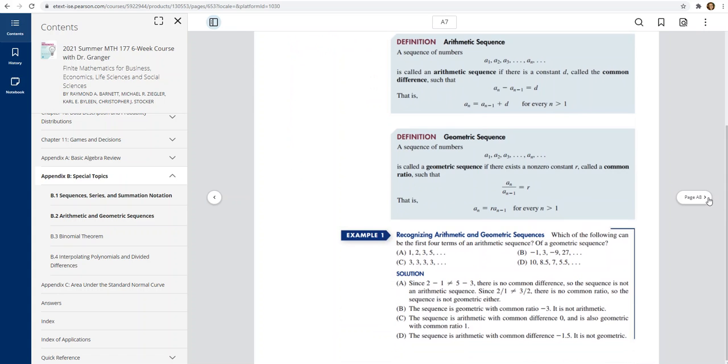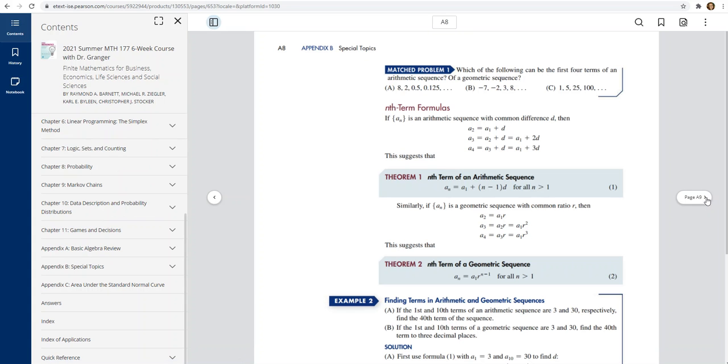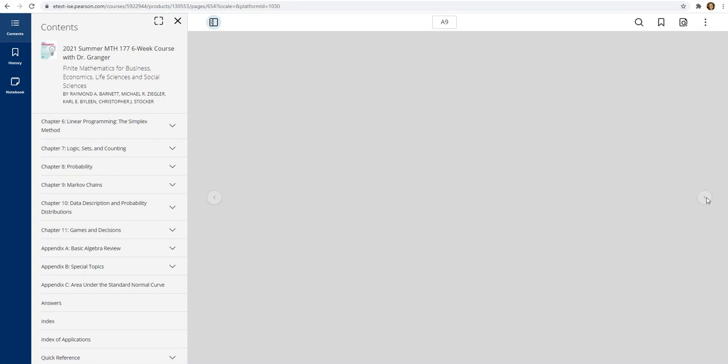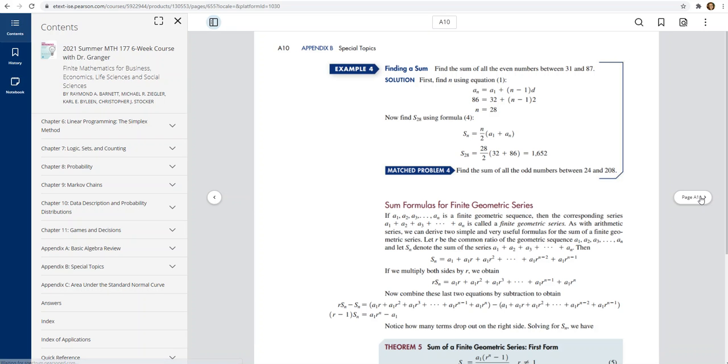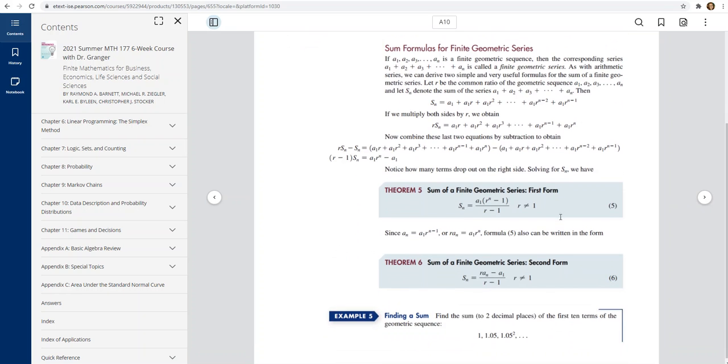In this textbook, one of the formulas we get is the sum of a finite arithmetic sequence, and then what we're going to look for is the sum of a geometric sequence. Here we go. This formula, theorem 5, is a formula that we'll use for our example.